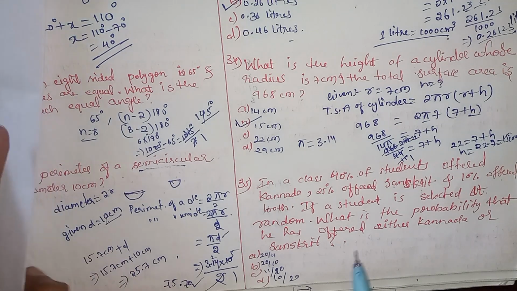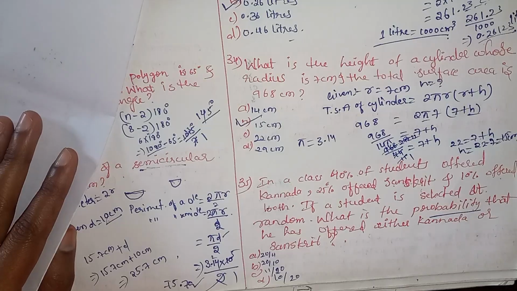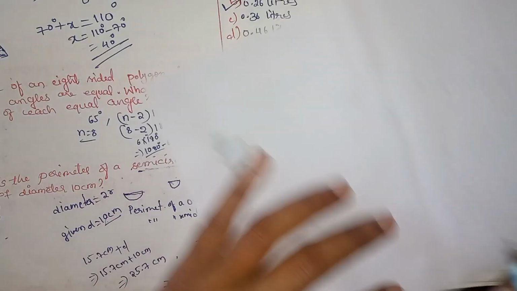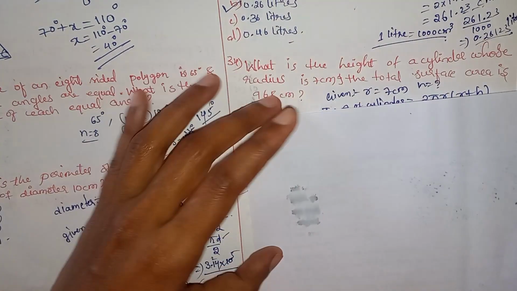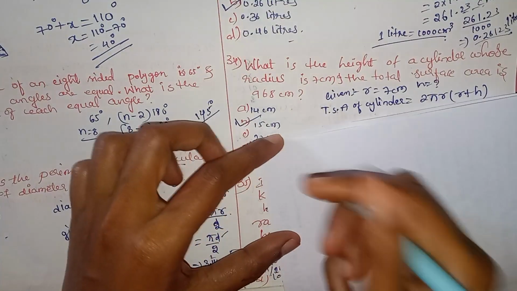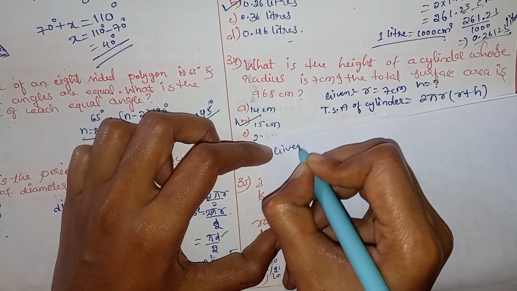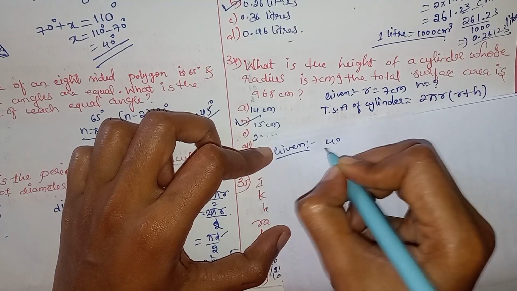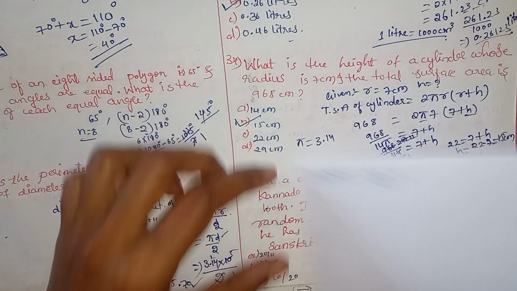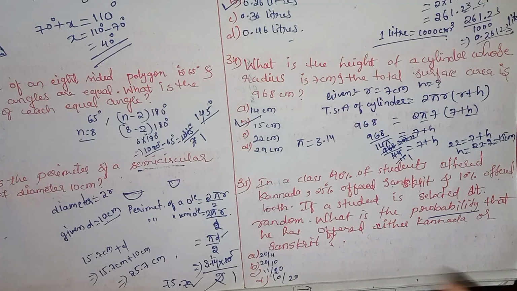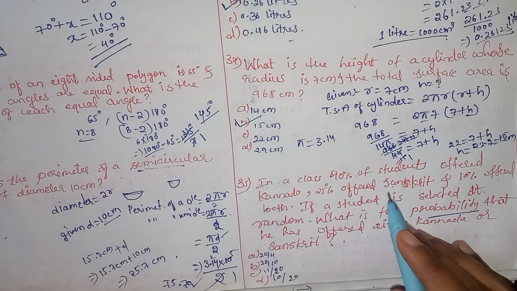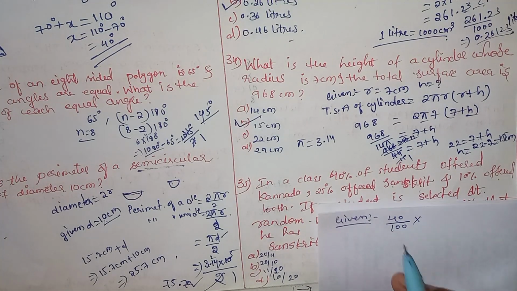So what do you have to use? The probability formula. What is given? First we can write the given. 40% of total students. 40% we will write as 40 by 100.